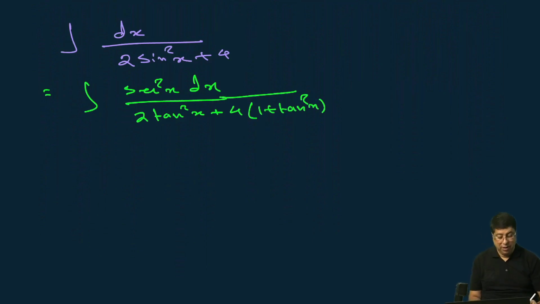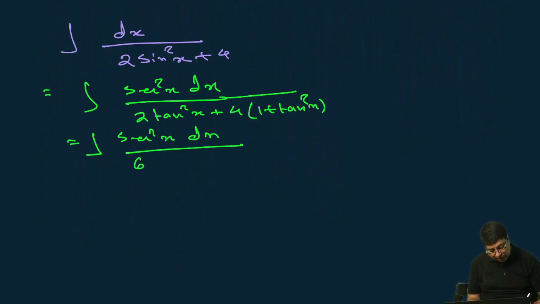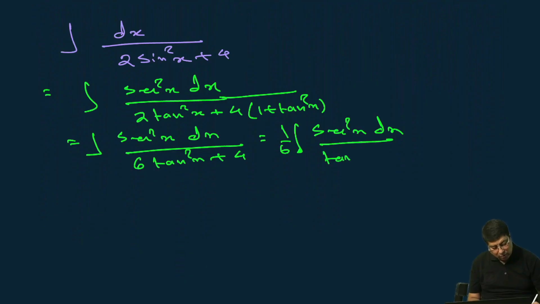So I am doing it directly. Therefore, sec square x dx by 2 tan square x plus 4 tan square x, so 6 tan square x plus 4. Now we can take 6 common. Therefore, we can write here sec square x dx by 6 times tan square x plus 4 by 6, 4 by 6 meaning 2 by 3, that is root 2 by 3 whole square.